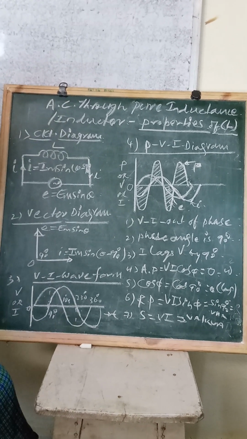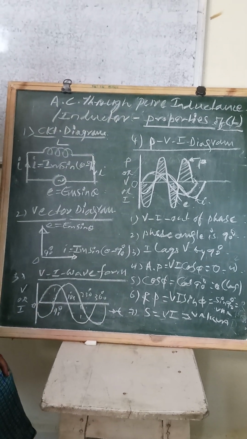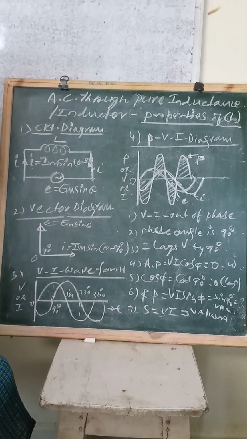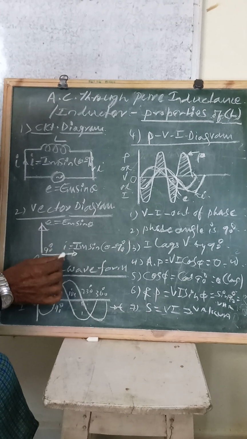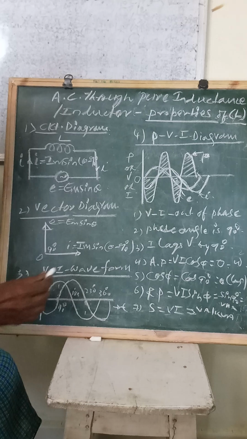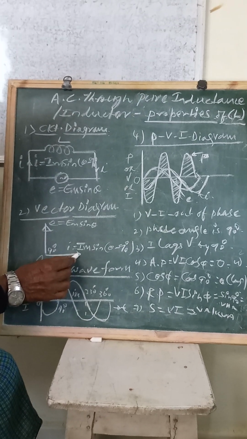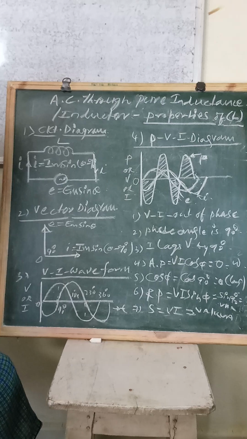Why should it be called a pure inductive coil? The answer is the current and voltage will have a phase difference of 90 degree. You can see here I is lagging E by 90 degree.